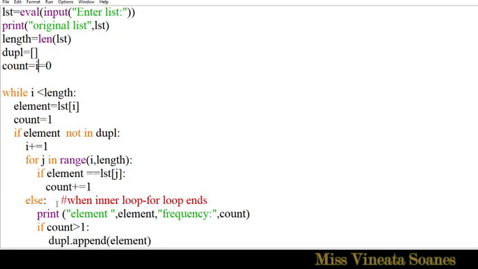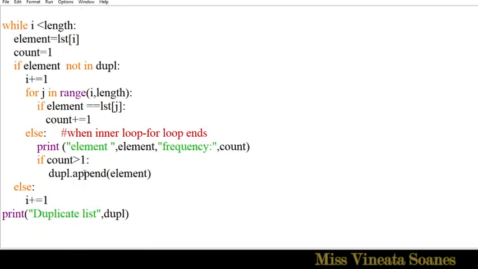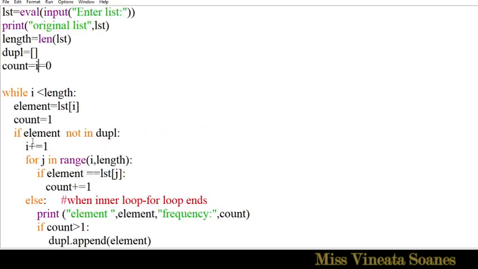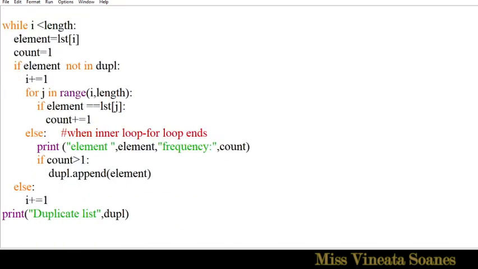Now in the next loop, when the while loop starts again, it will come to this line. Of course, you'll assign the element again, as the logic I've explained in the previous video. Then count is equal to 1. And then you also check this. This is one addition compared with the previous version, where this part is not there.